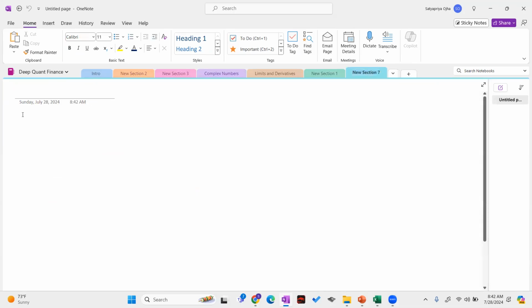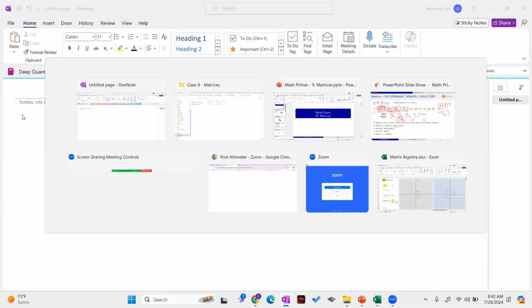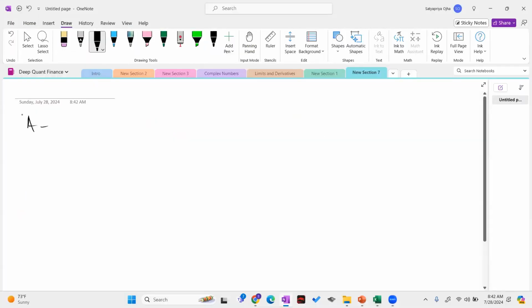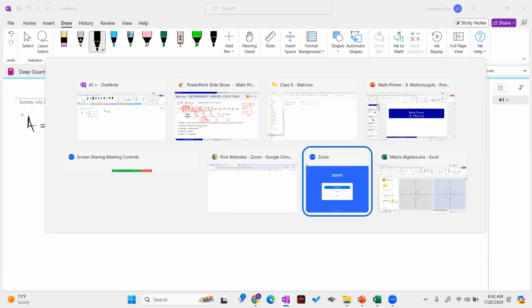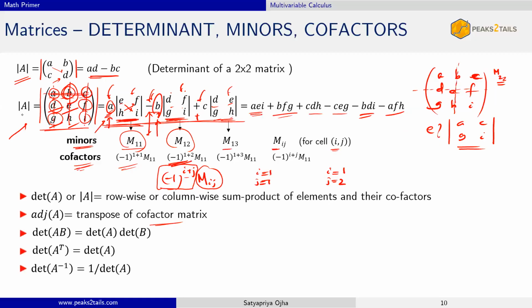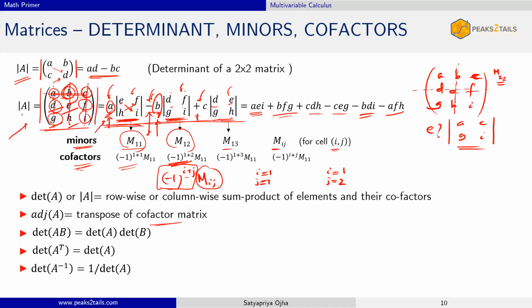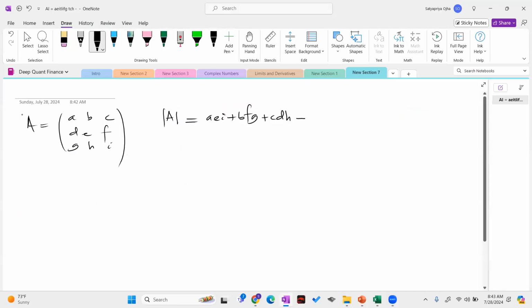So we have this matrix, right? And we said determinant of A is, let me write the expression: A(EI - FH) - B(DI - FG) + C(DH - EG).